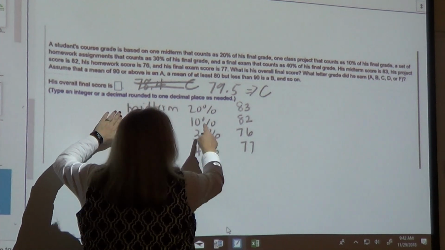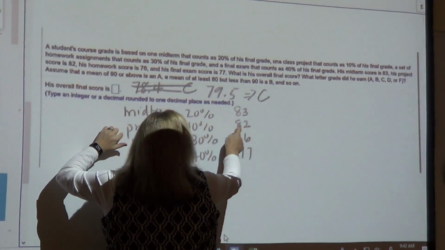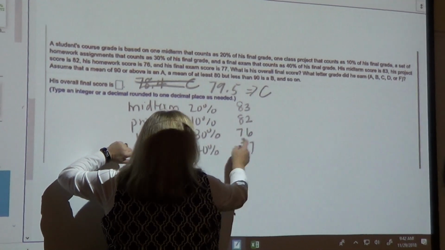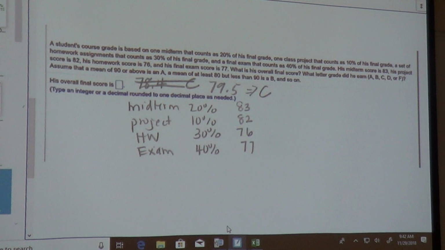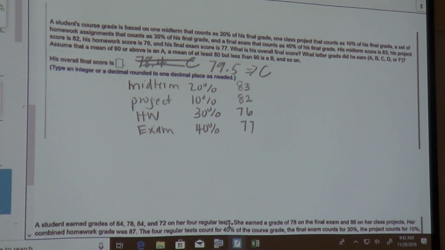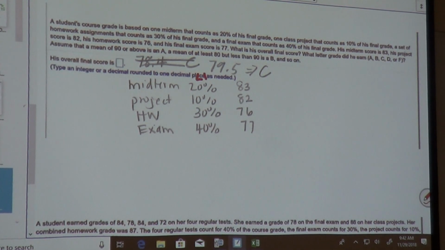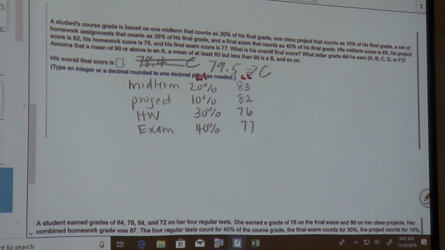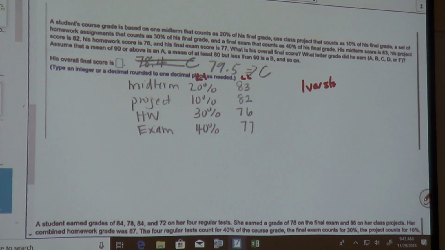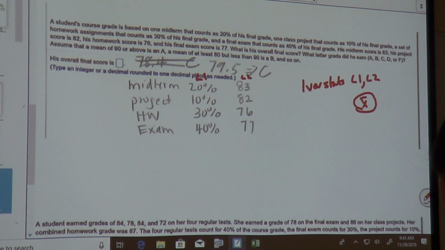Well, in this one, your midterm counts 20%, your project counts 10%, your homework counts blah, blah, blah. Now, there's two ways you can do this problem. You can either call this your L1, call this your L2, and do a 1 var stats of L1 comma L2 and find your X bar. That's one way you can do it.